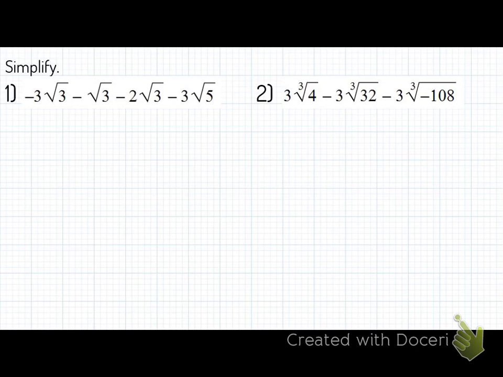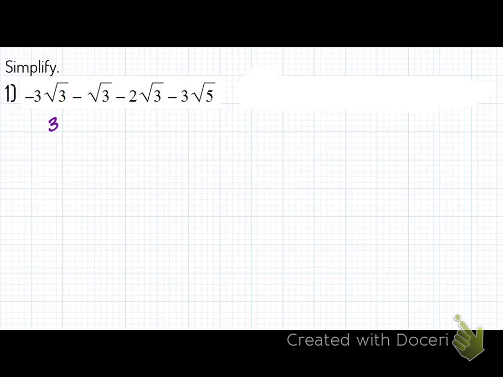Okay, so number 1. We got -3 rad 3 minus rad 3 minus 2 rad 3 minus 3 rad 5. I'm noticing that a lot of these have the same square root sign, right? I combine them. So I think, what's -3 minus 1, right?